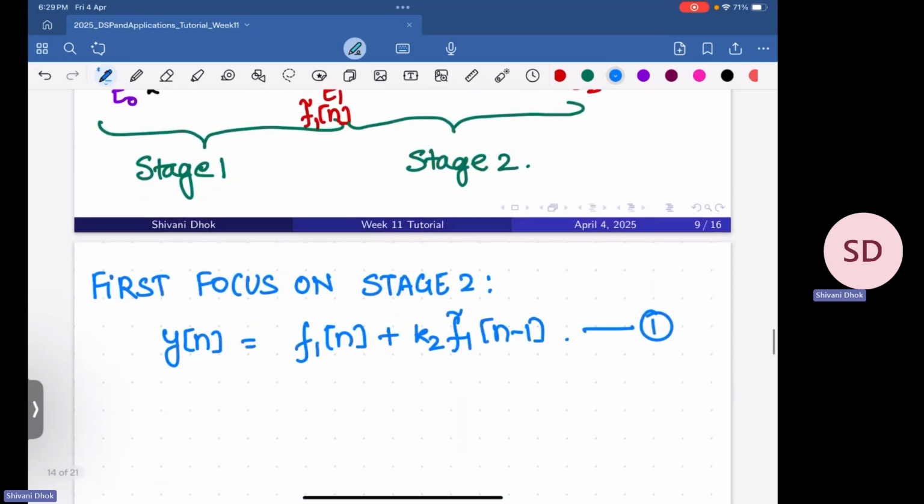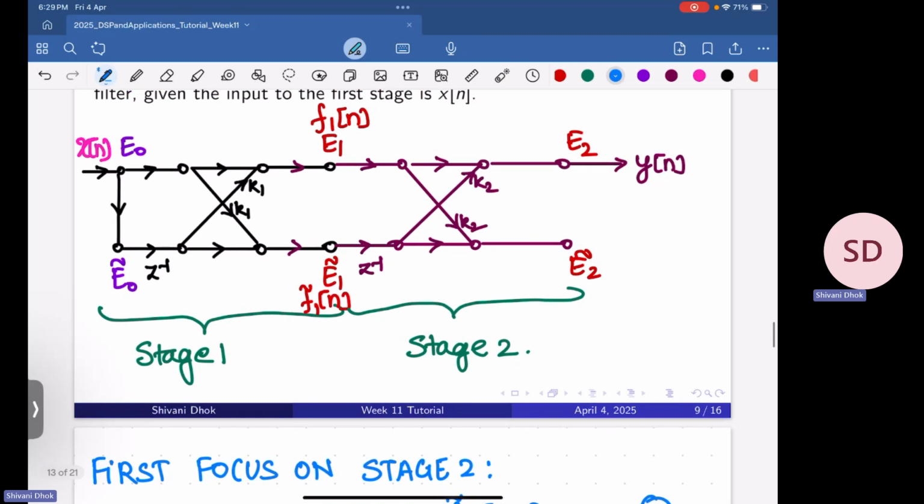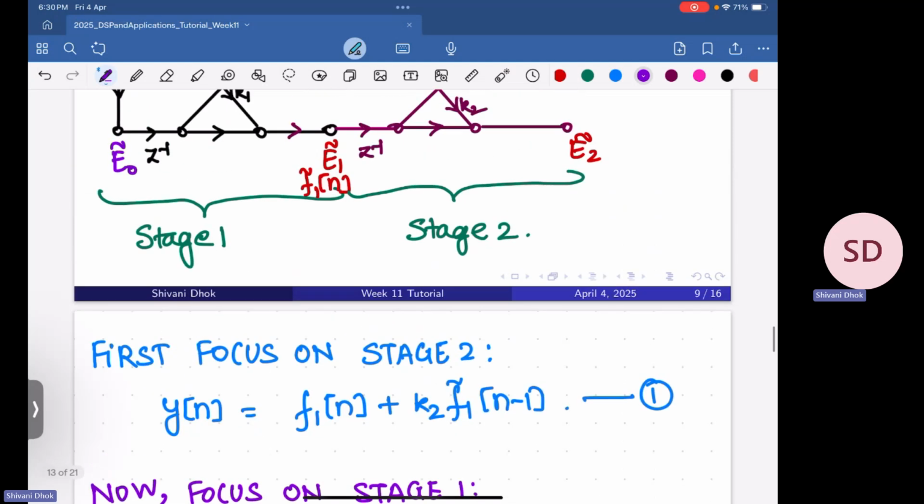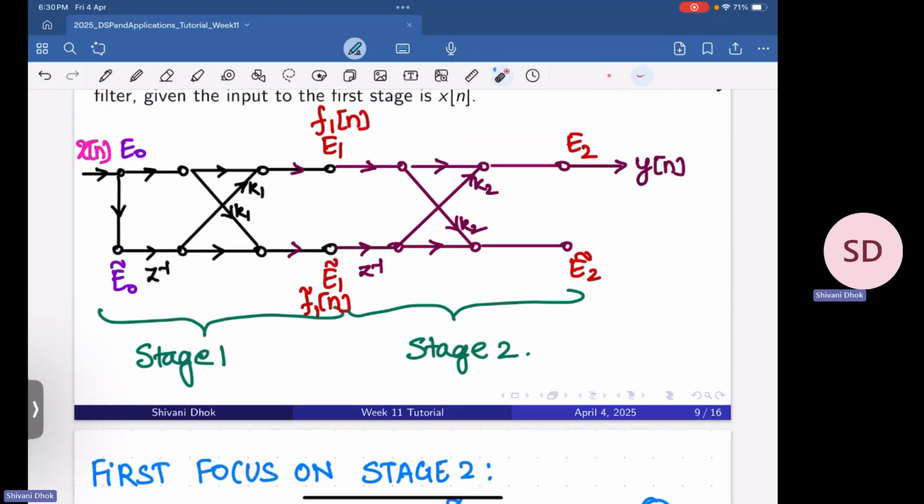So now we have y of n in terms of f1 and f1 tilde. Now next thing that we need to do is, we need to figure out what are the values of f1 and f1 tildes, which in turn depend on k1 and e0 tilde, or rather x of n. Okay, so let us try to figure out first f1 of n. Now for this, we'll focus on stage 1. So this x of n goes here as it is.